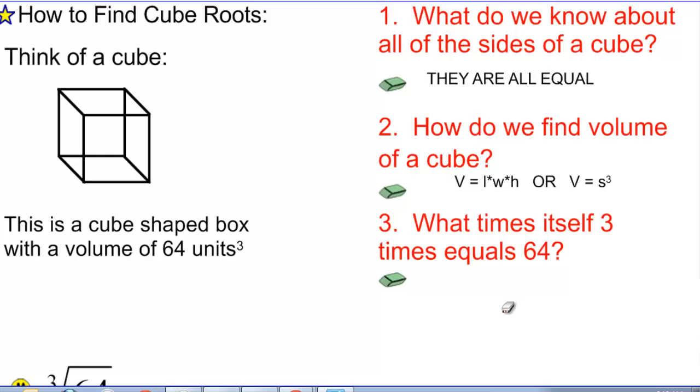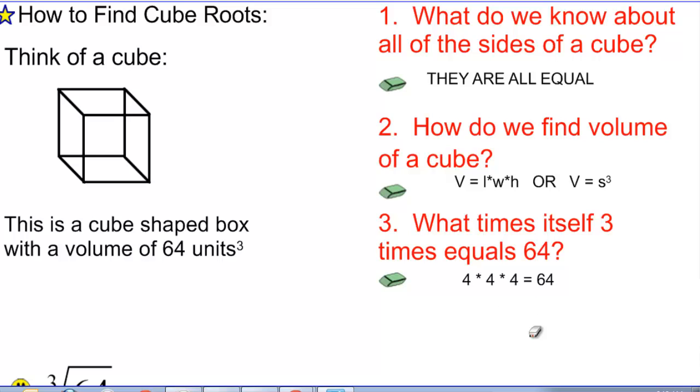So what times itself 3 times equals 64? It's going to be a pretty small number. We know that 2 times 2 times 2 equals 8 from the previous slide. And so I could think about 3 times 3 times 3, but I don't think that that's going to be 64. What about 4 times 4 times 4? Well, 4 times 4 is 16. And if I take that times 4 again, I will get 64.